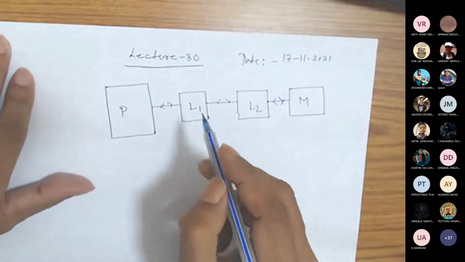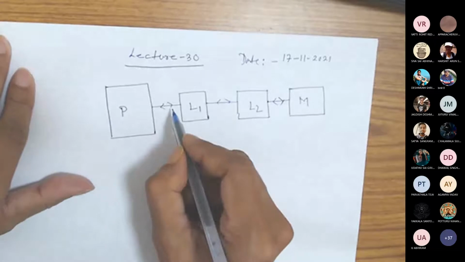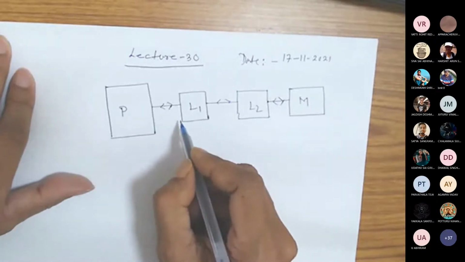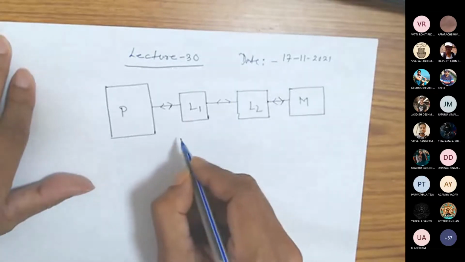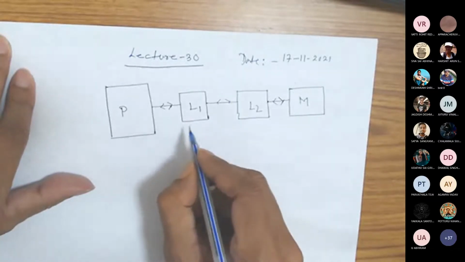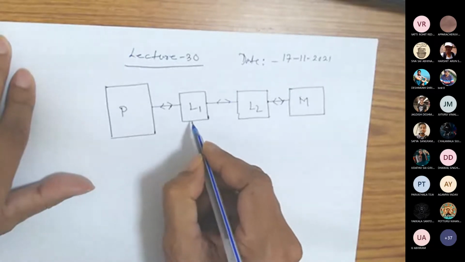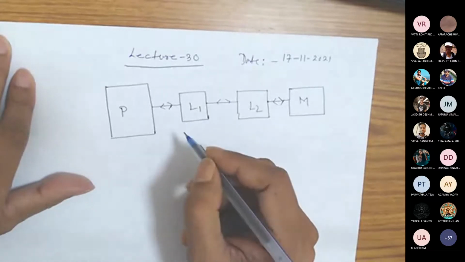So when the processor looks for one instruction or data, it first searches into the L1 cache. If it is a hit, then fine, it directly gets it. You can have different hit times.